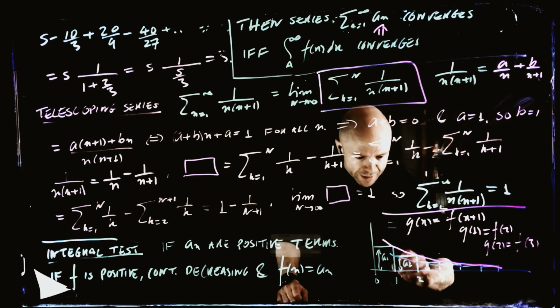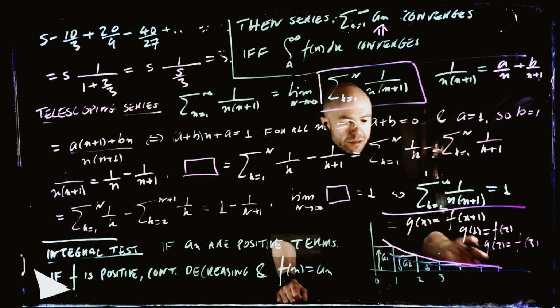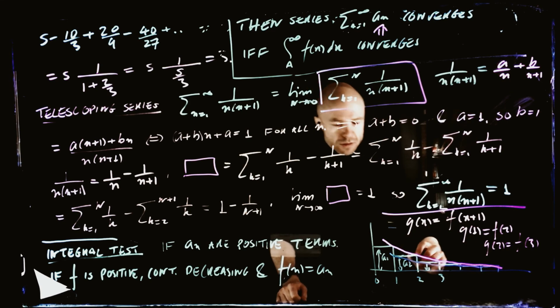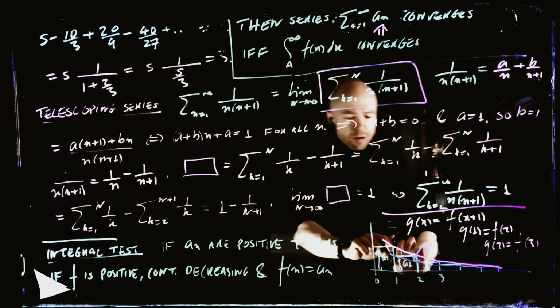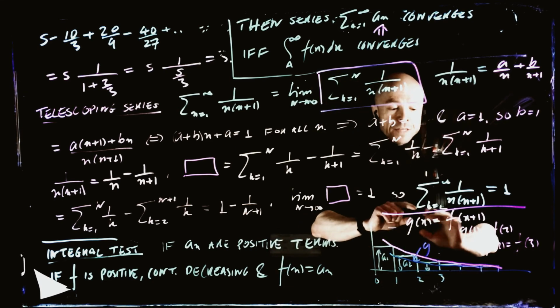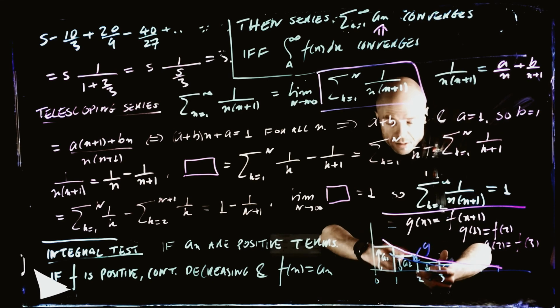Right? So g of 1 equals f of 2, so it's here. Right? G of 2 equals f of 3, so it's here. And this function g is now underneath our blocks. Right? So this is our function g. Yeah? So if the area underneath all of our blocks is finite, then the integral of the function g has to be finite, because it's underneath all the blocks.